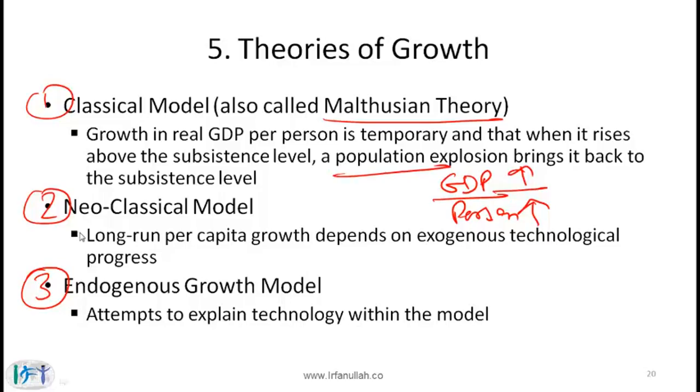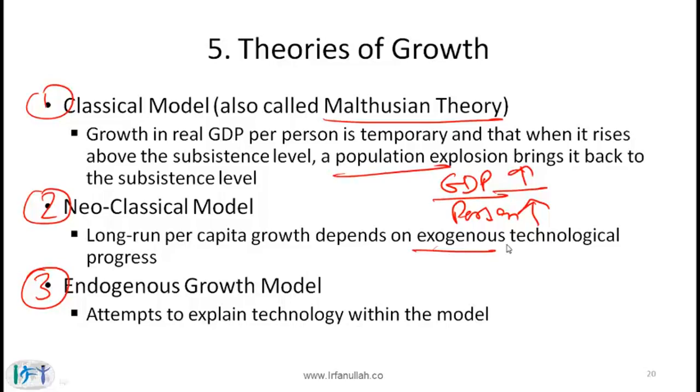The next theory, which is where we will spend most of our time, is the neoclassical model. Now, in very simplistic terms, according to the neoclassical model, the long run per capita growth depends on exogenous technological progress. Exogenous means that technological progress is outside the model.